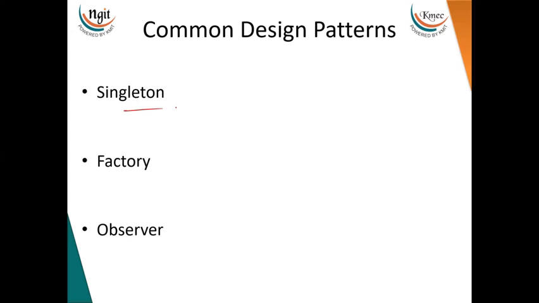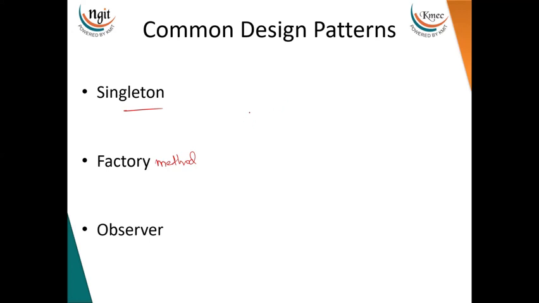The second one is the factory method pattern, which defines an interface for creating objects but allows subclasses to alter the type of objects that will be created. The third one is the observer pattern. In this pattern, an object maintains a list of dependents that are notified automatically when the subject's state changes. Let us see an example for each one.